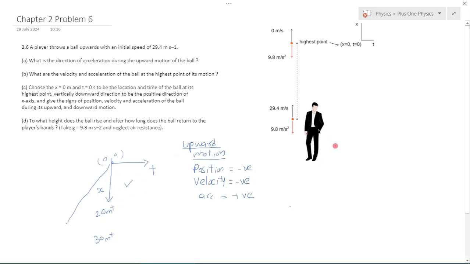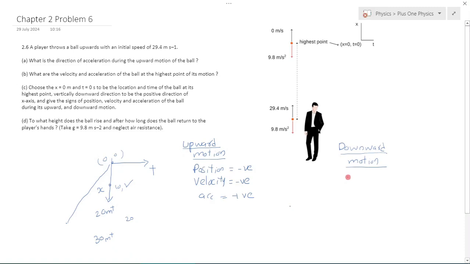On the other hand, for the downward motion, the ball is at its highest point and trying to come back. We can say that x is at 0, and after some time it becomes 10, then 20 and 30. That means the position is changing in the positive direction.